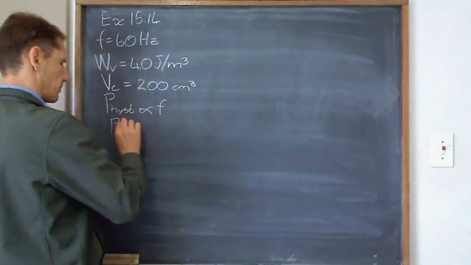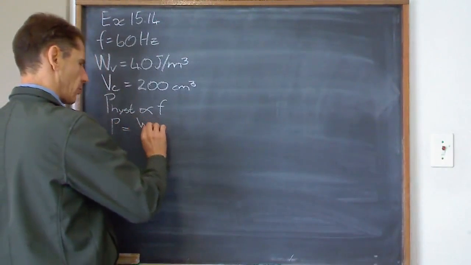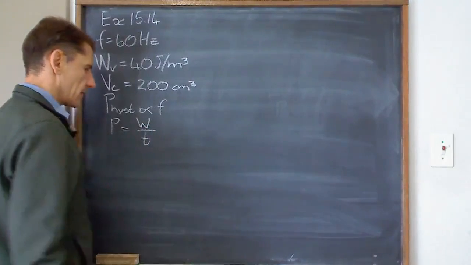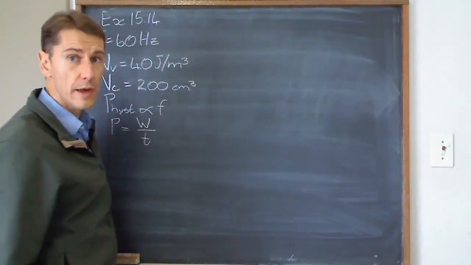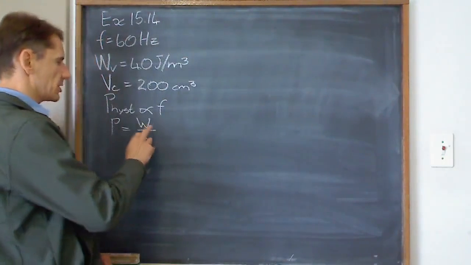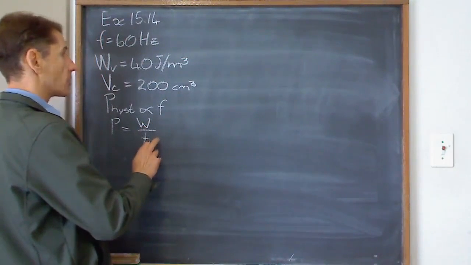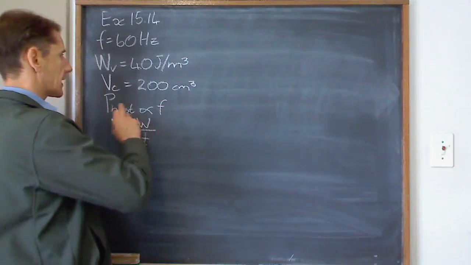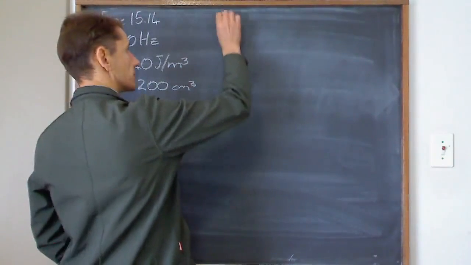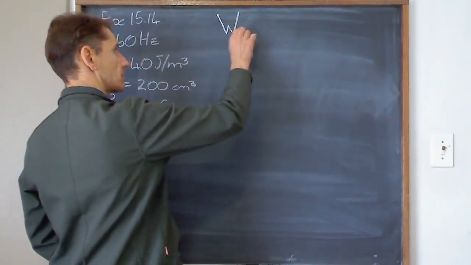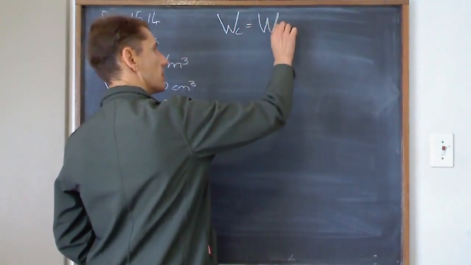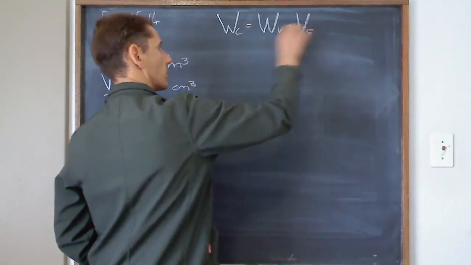We also know that power equals the rate at which we consume energy. So I need energy and I need a rate. First, let's get the actual energy. The energy stored in my core is the volumetric energy times the volume of my core.